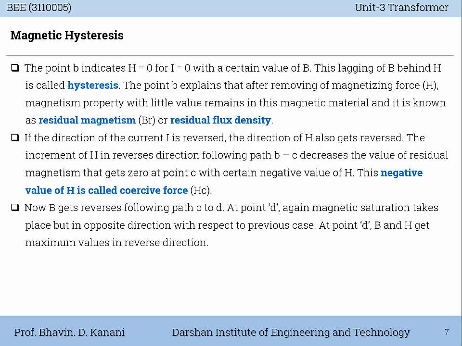Now B gets reversed following the path C to D. At point D, again magnetic saturation takes place but in the opposite direction with respect to the previous case. At point D, flux density B and magnetizing force H get maximum values in reverse direction.